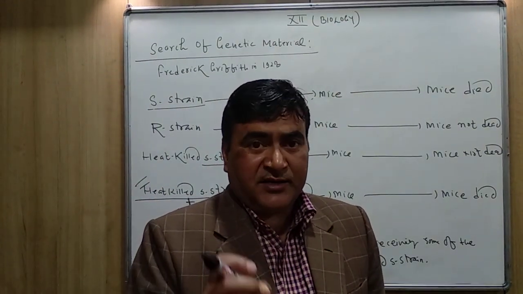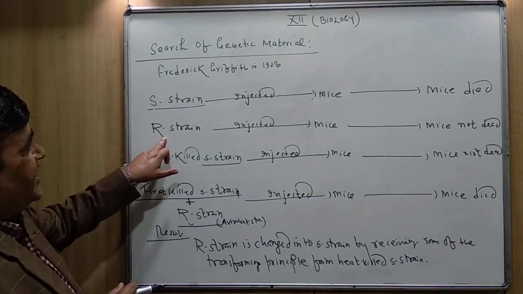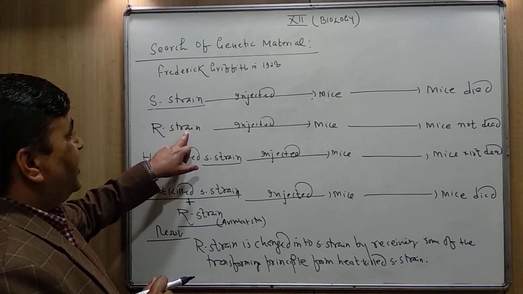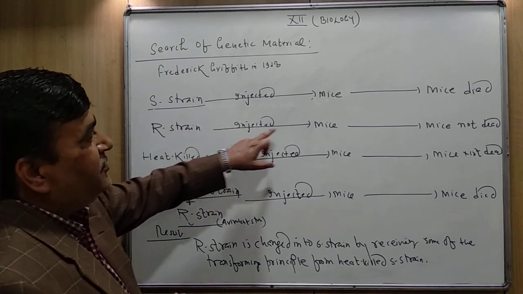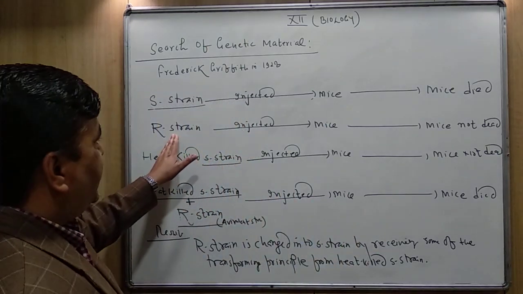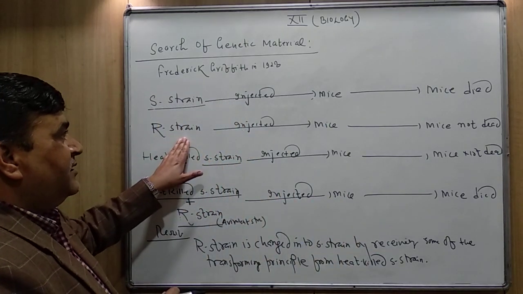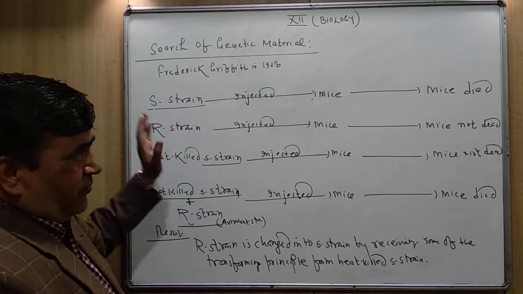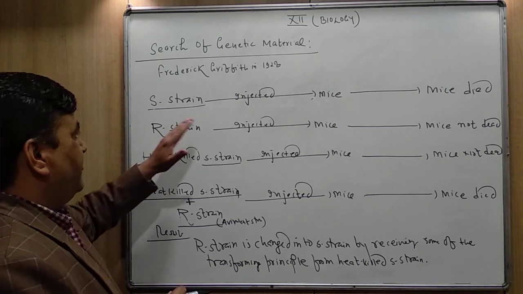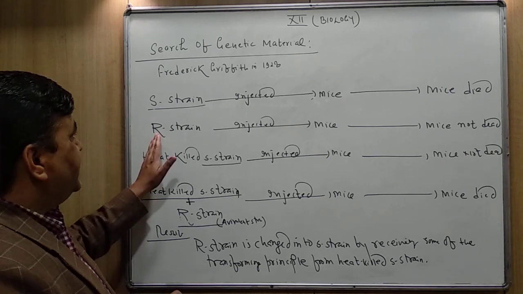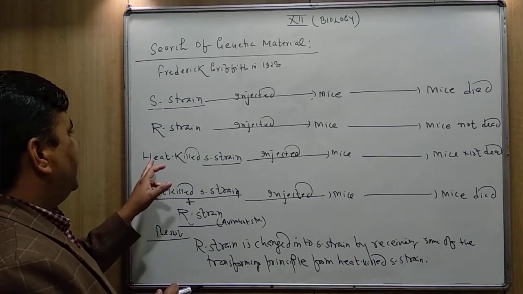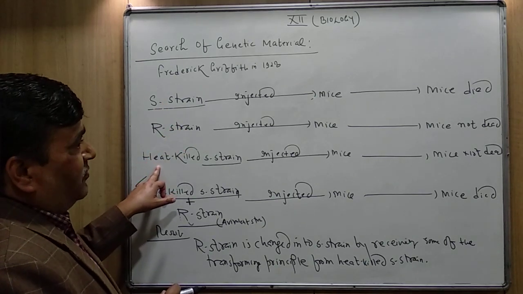In the second step, when he injected the R strain of the Streptococcus pneumoniae into the mice, they did not die, because this strain is avirulent, has no ability to cause disease because of no capsule. This is capsulated bacteria, and this is non-capsulated bacteria. In the third step, what did he do?